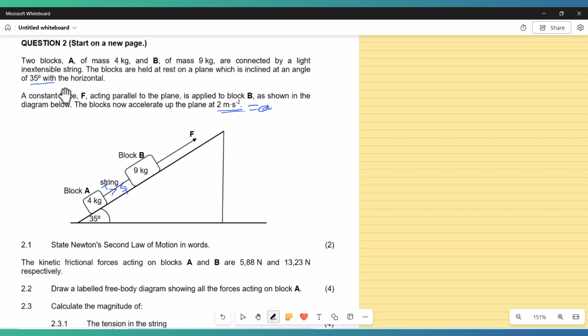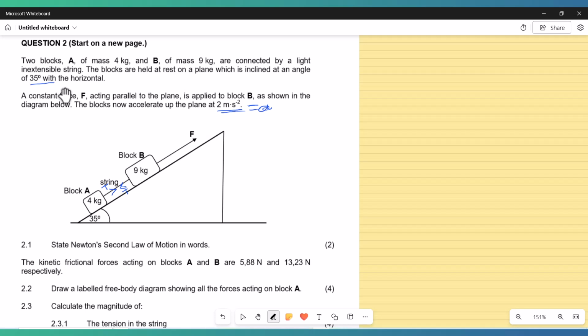So now they say 2.1, state Newton's second law of motion in words. How do we state it, guys? When a net force acts on a body, it will accelerate in the direction of the force, with acceleration directly proportional to the force and inversely proportional to the mass of the body.